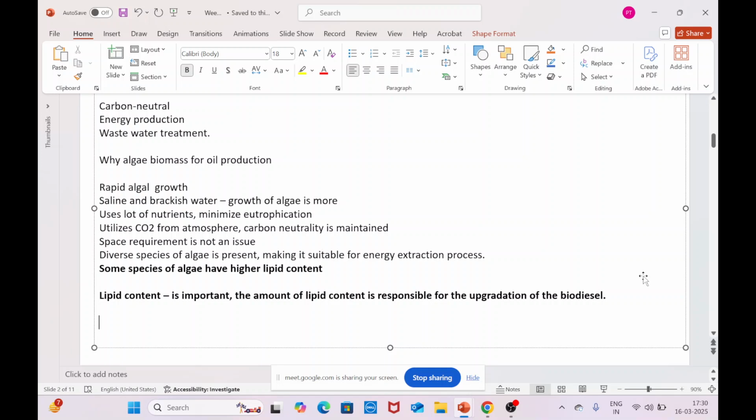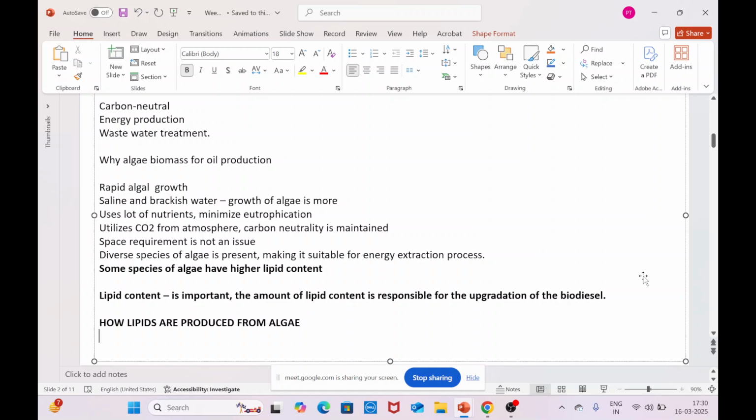So that is our next question: how are lipids produced from algae?